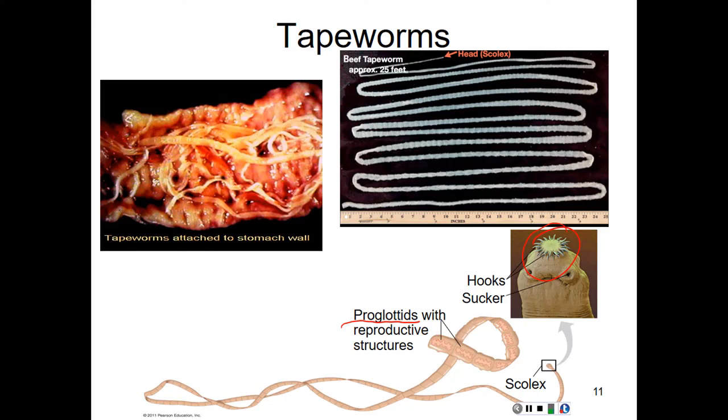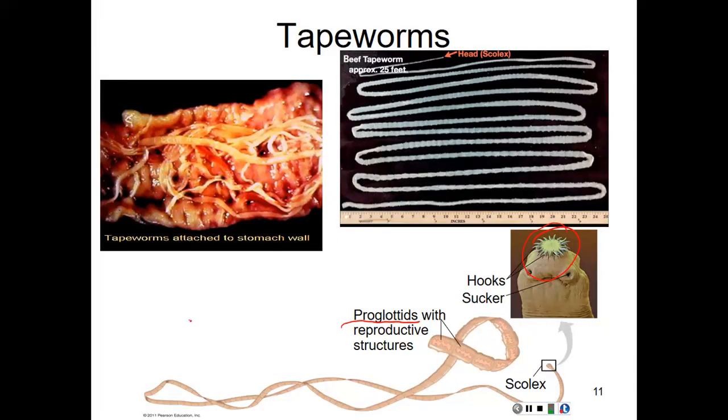Humans acquire the tapeworm by eating the undercooked infected meat from a cow, a pig, or a sheep. Then they reside in our digestive tract where they become the full adult form. And they can become so numerous and so large that they can actually block our intestines and cause nutritional deficiencies. So they're pretty horrifying.